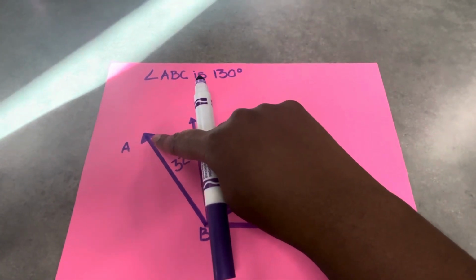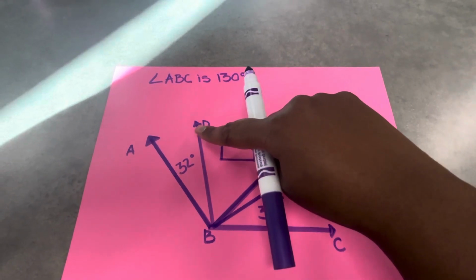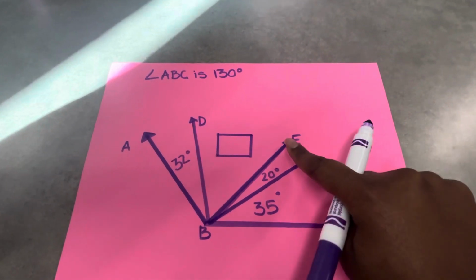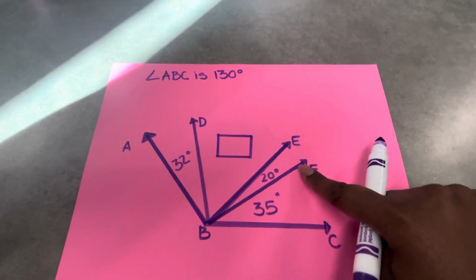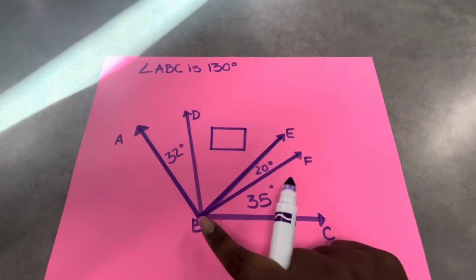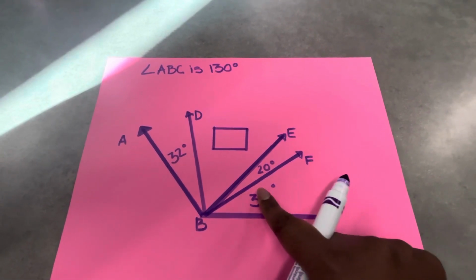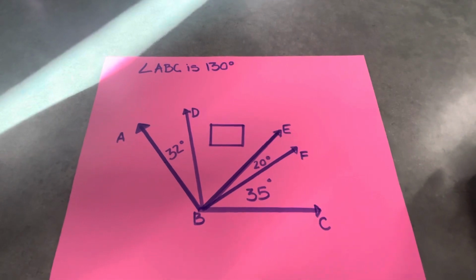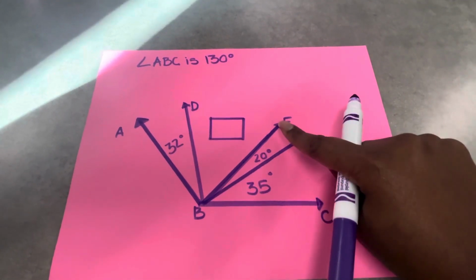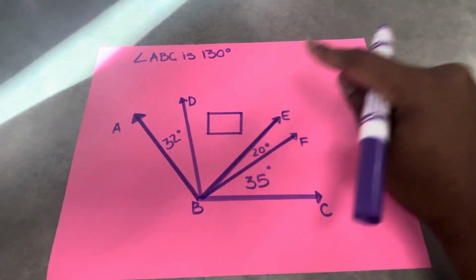I know that angle ABD is 32 degrees. I know that angle EBF is 20 degrees, and I know that angle FBC is 35 degrees, okay?